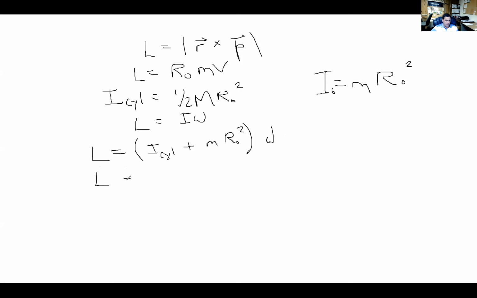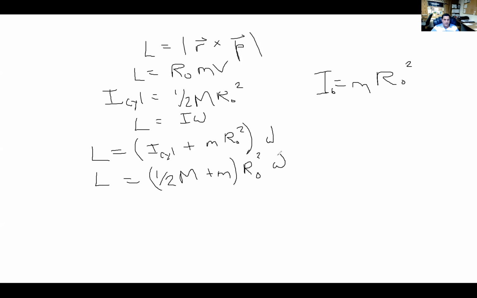All right, so if we plug this moment of inertia in for the cylinder, we have 1/2 m, the mass of the cylinder, plus the mass of the bullet. This is after the bullet gets embedded into it. R sub 0 theta times the angular velocity.